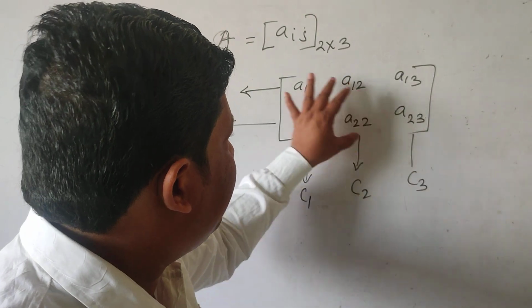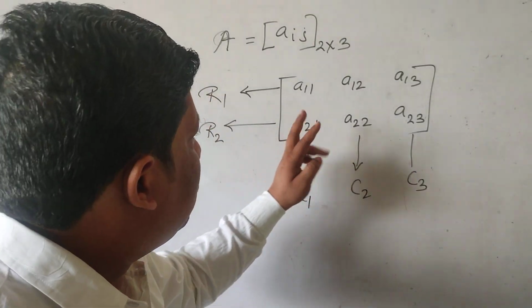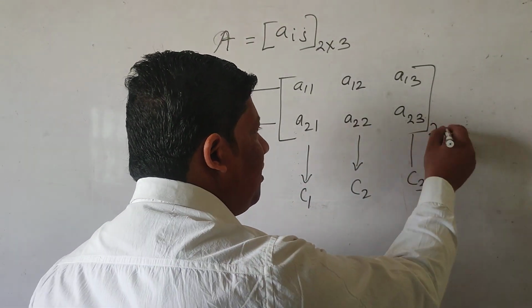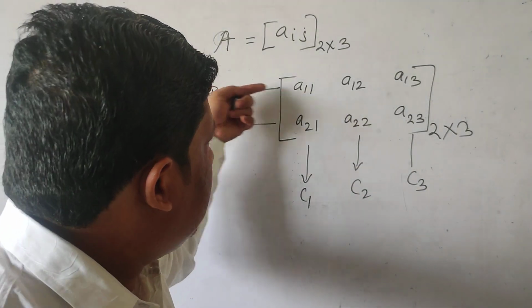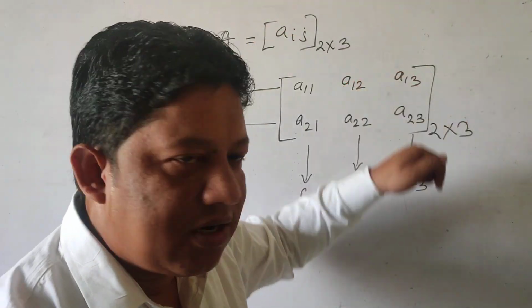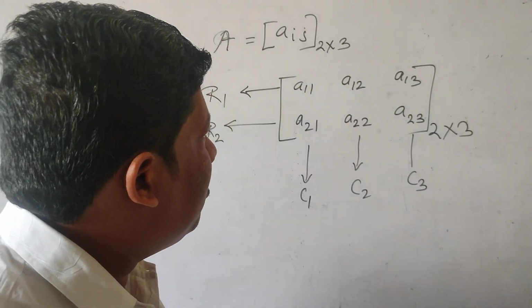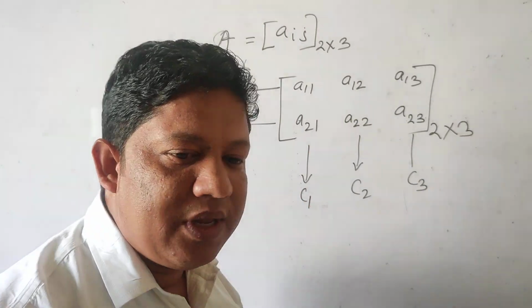All the elements are represented by this, and it is a 2 cross 3 matrix because it has 2 rows and 3 columns: first, second, third. So my students, I think you understand the column and row.